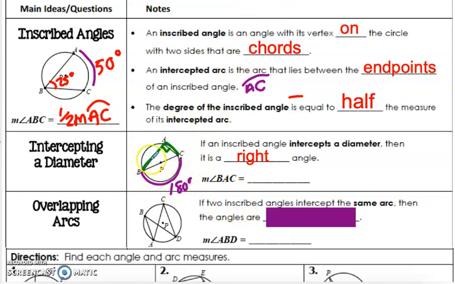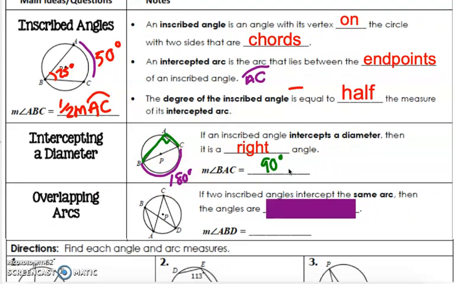If an inscribed angle opens up to a diameter, you immediately know it's a right angle, 90 degrees. To save time halving 180, you can just remember that 90 rule.